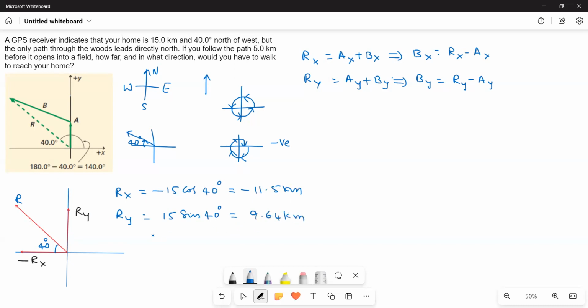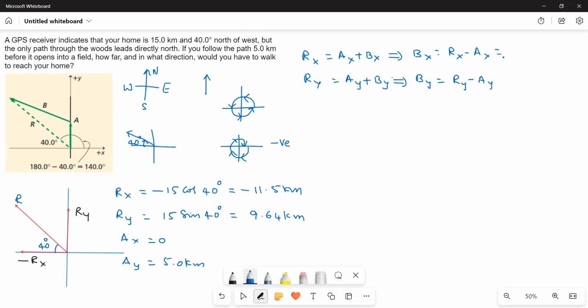Then Ax is equal to 0 because you are following 5 kilometers in the northern direction, so the y direction. So Ax is equal to 0, and Ay is equal to 5 kilometers. That's all that is known, because we have to find B.